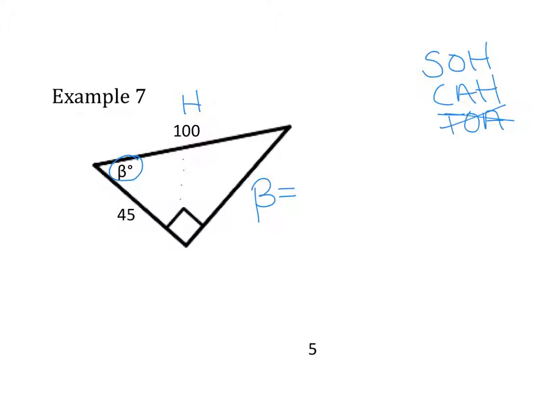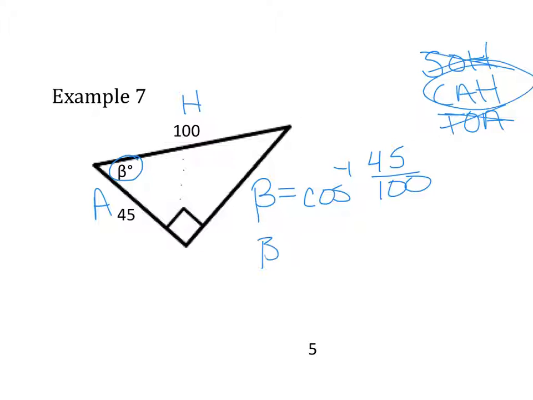They gave me the side that is next to the reference angle, so that's adjacent. So if it doesn't have an A, I cross it out. So I'm using inverse cosine. I write cosine to the -1, and then adjacent, 45, over hypotenuse, 100. I put that in the calculator, and it gives me that the angle is 63.3 degrees when I round to the nearest tenth.